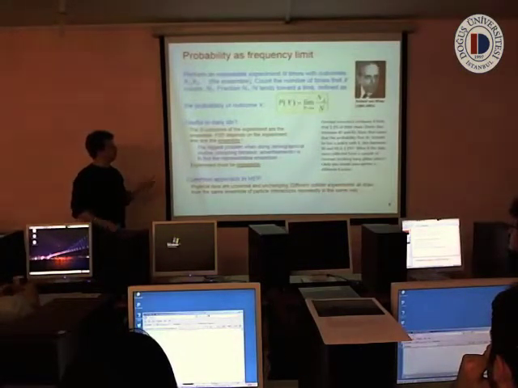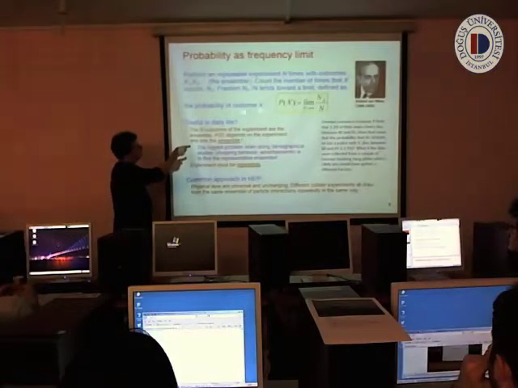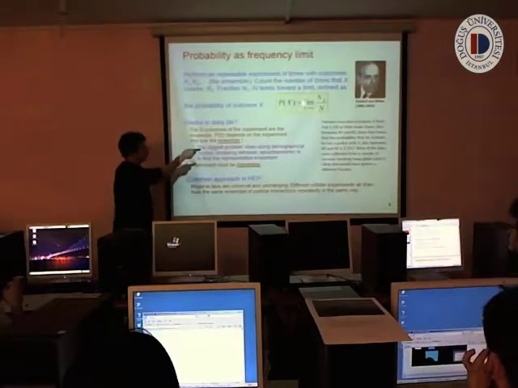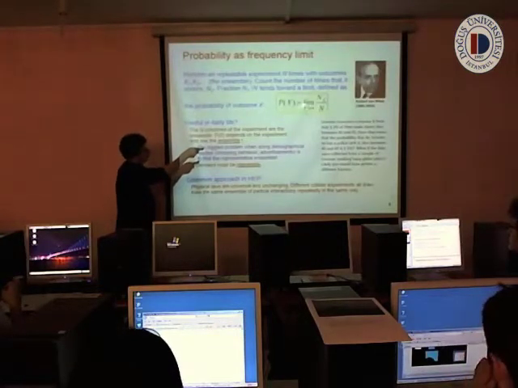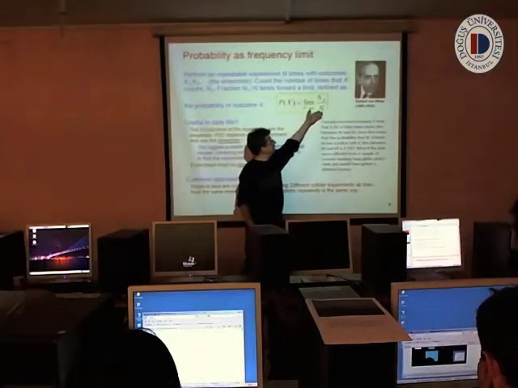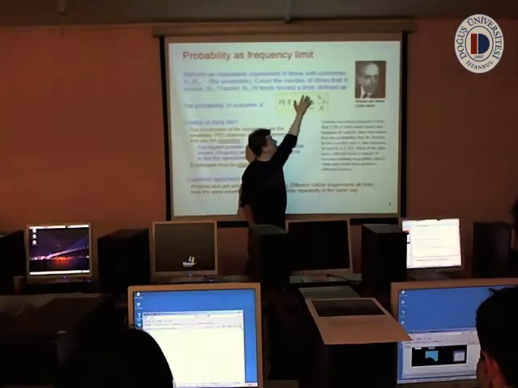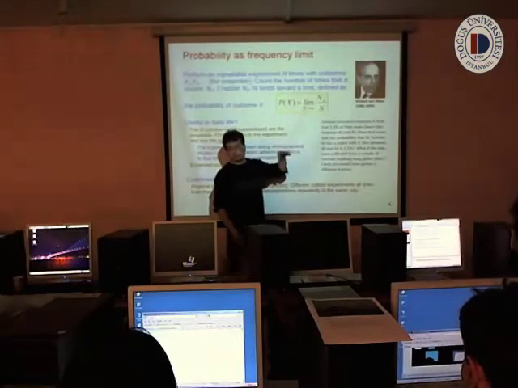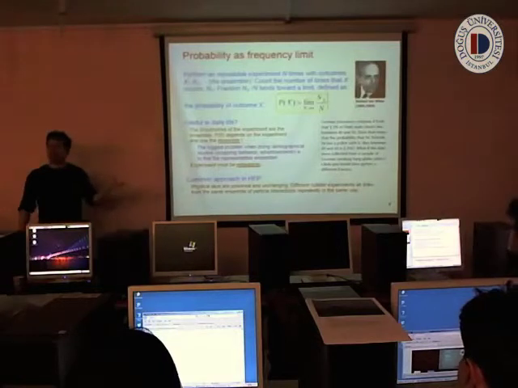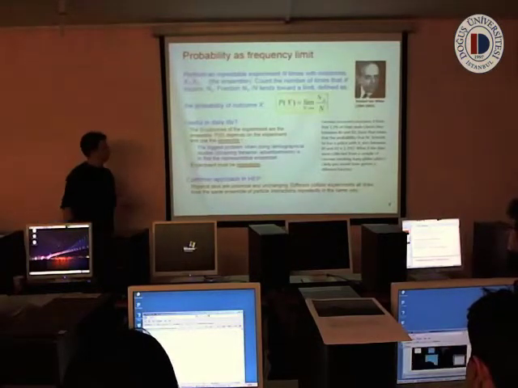That is defined as the probability of the outcome x in the frequency limit. So I throw a dice 100,000 times, I measure 33,000 times it's a 6. Therefore, I can define my probability of a 6 as 1 over 6 because it goes to the limit.